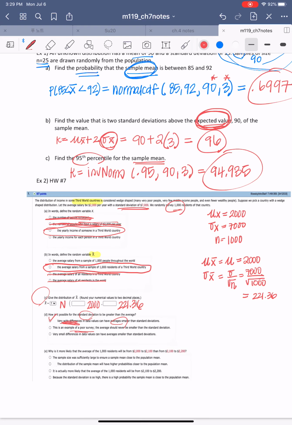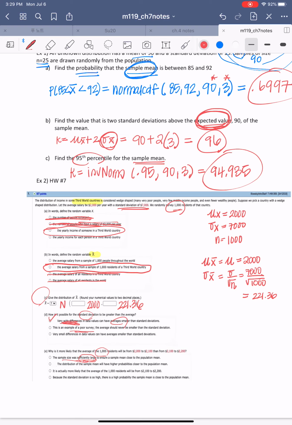First, let's eliminate the obvious one. Sample size was sufficiently large. Well, 1,000 seems a reasonable number, but we haven't really checked that it was sufficiently large in comparison to all the third world countries.